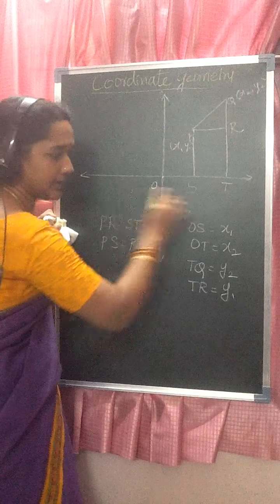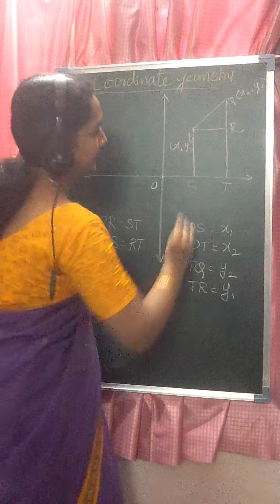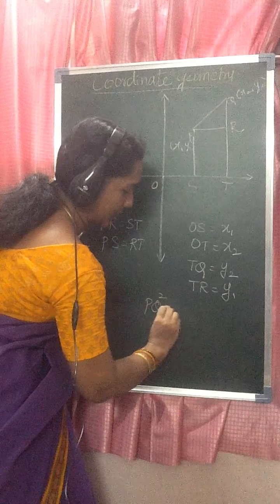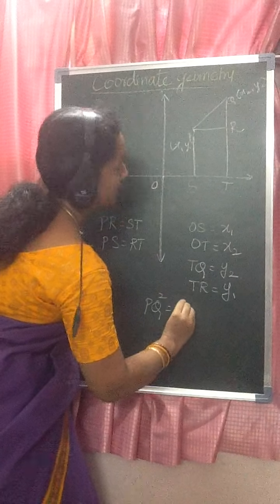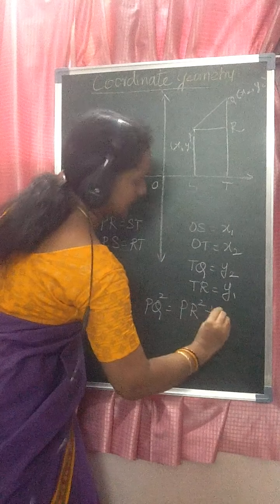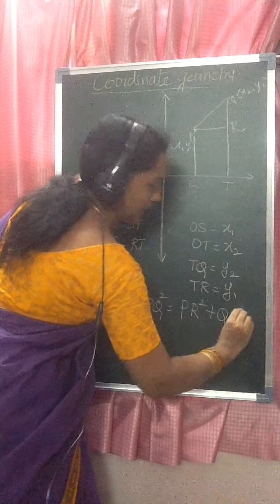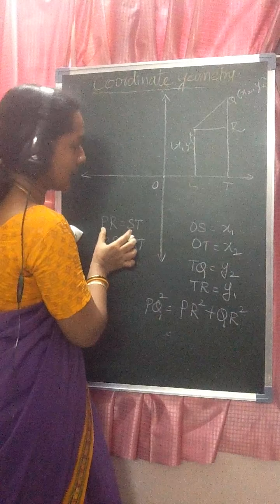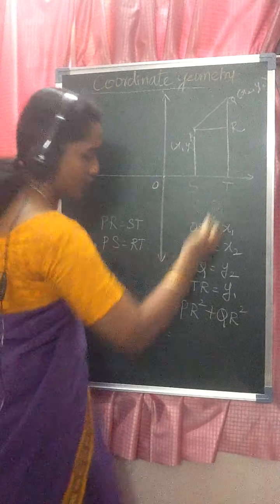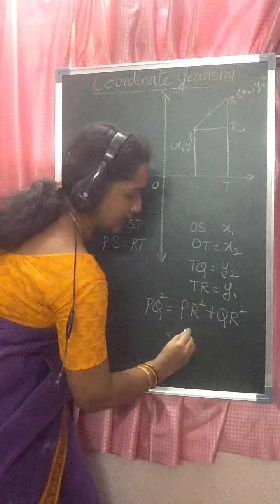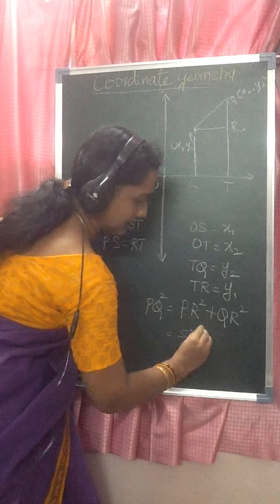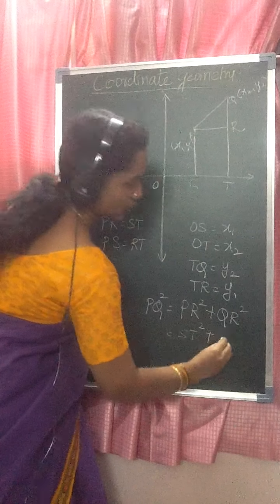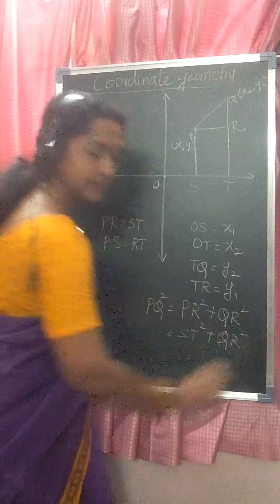Using the hypotenuse, PQ squared is equal to PR squared plus QR squared. Now I am replacing PR squared with ST squared, plus QR squared, and QR I will keep as it is.